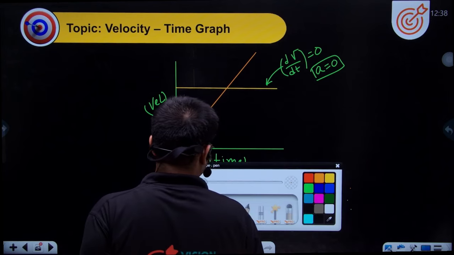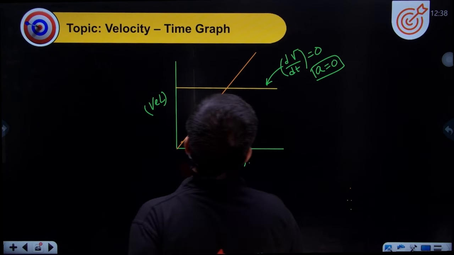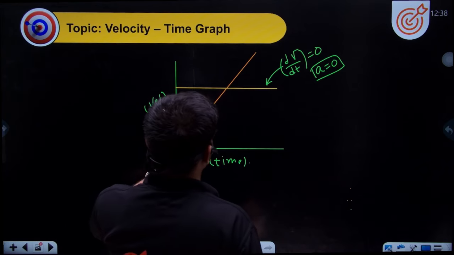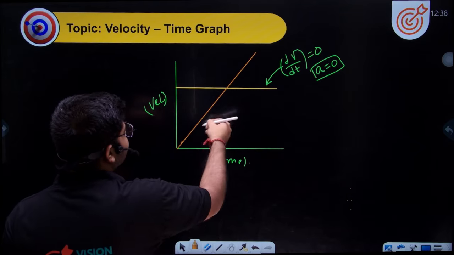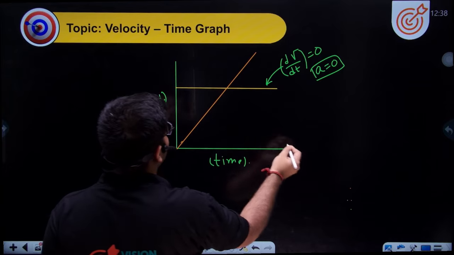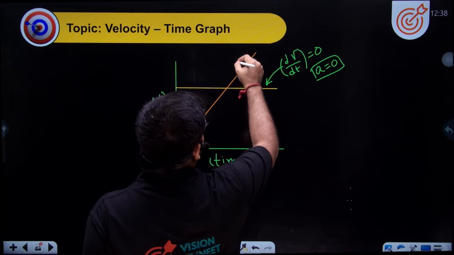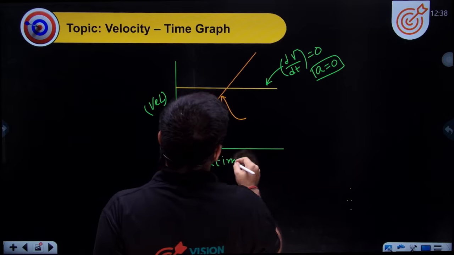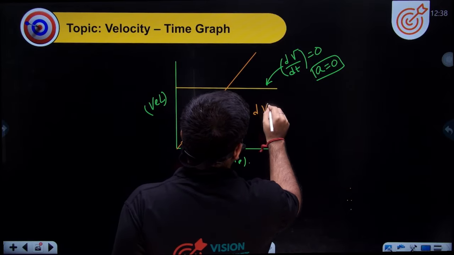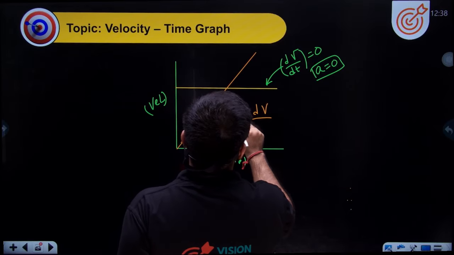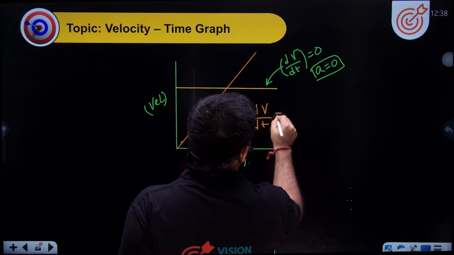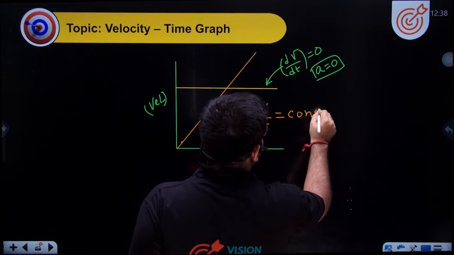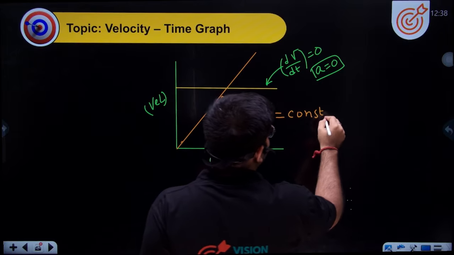So here what we can say is that obviously the slope is positive. So it is increasing with respect to time, the velocity is increasing. And here for this curve my dv/dt is definitely positive, but it is going to be a constant because the slope is constant here.